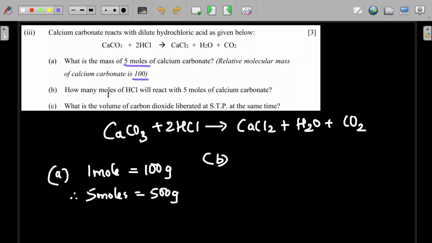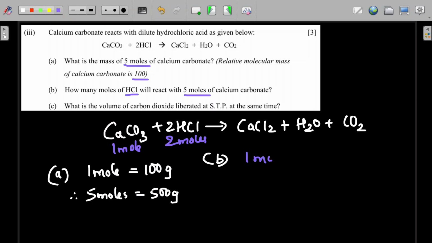Second one, see. How many moles of HCl will react with 5 moles? Now, how do we know this? Simple, you have to see the ratio. Don't take volume now, you have to take moles. So here the coefficient for calcium carbonate is 1, so it is 1 mole. For 1 mole of calcium carbonate, how many moles of HCl are used? 2 moles. So for 5 moles, 10 moles.